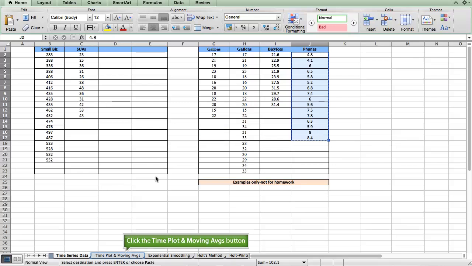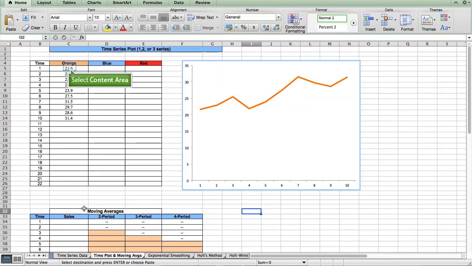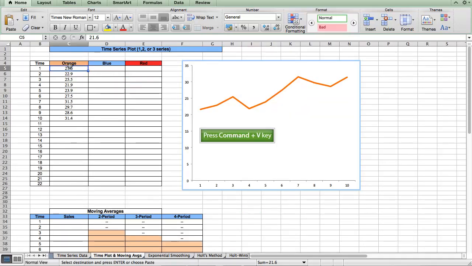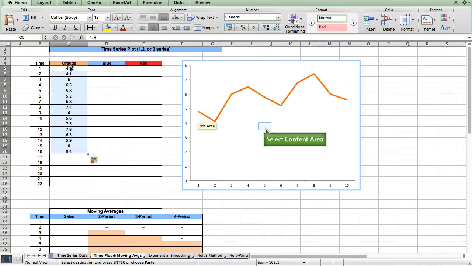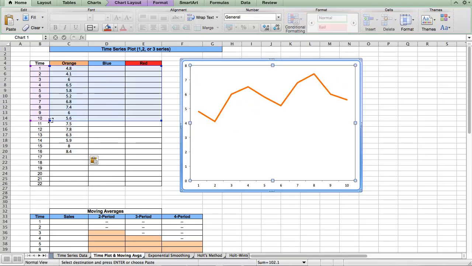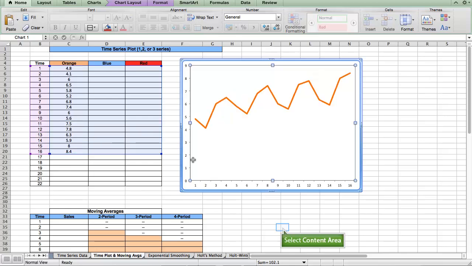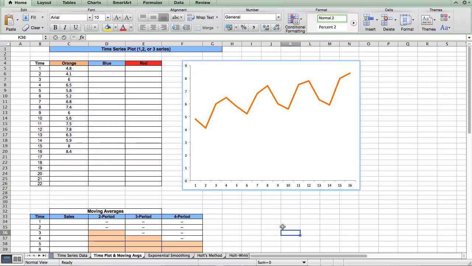One more pattern that we see sometimes in time series data is what we call seasonality or seasonal variation. Like we see there. And we could adjust our plot to look at that whole time series.